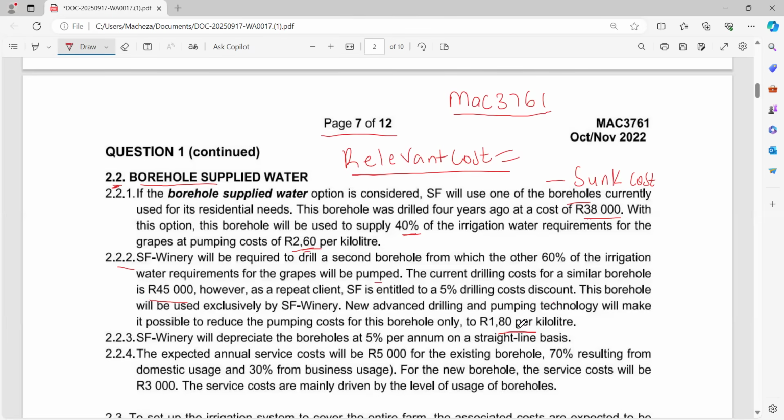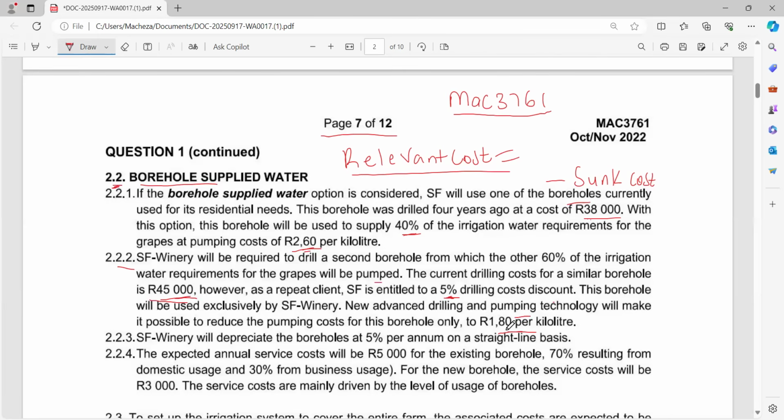The first thing here is the drilling cost of the new bore. If we use the municipality water, then it means we are going to meet this cost. So it's going to be relevant. Am I correct? But we should look at the discount here. So this one is going to be a relevant cost. Drilling cost for the new bore is going to be a relevant cost. Then it's going to be the pumping cost again here, the pumping cost of the new bore.